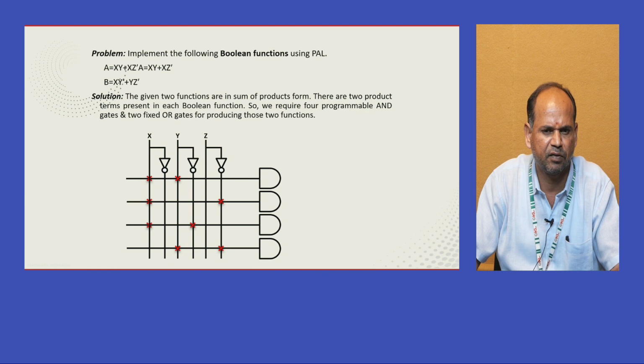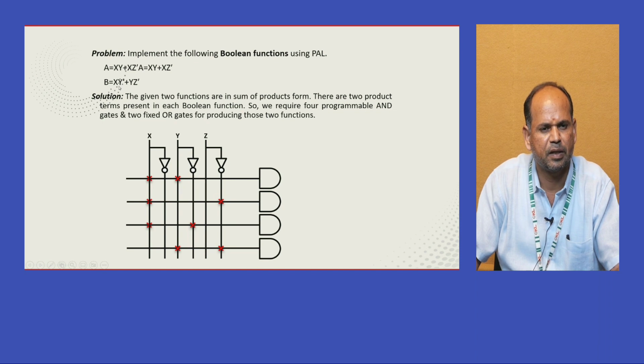While we are connecting with the intact fuse, we used to call that a programmable AND gate. And whereas the second min term, that is xz bar, where X is without the complementary symbol and Z is with the inverter symbol or the complementary symbol only. So indicate wherever these two inputs are there, X and Z bar, with the intact fuse. That is xy plus xz bar we have represented.